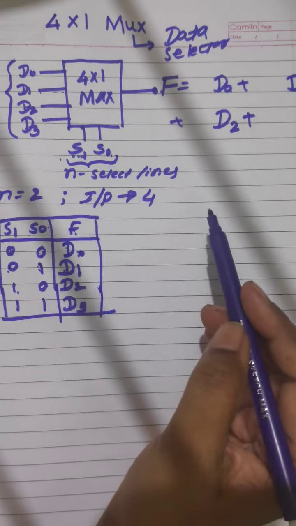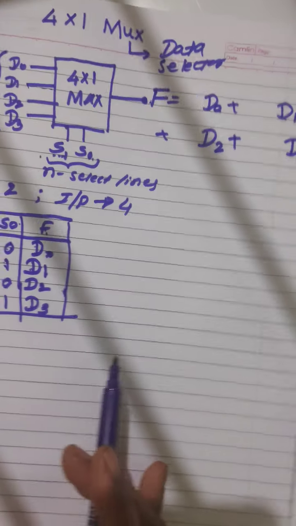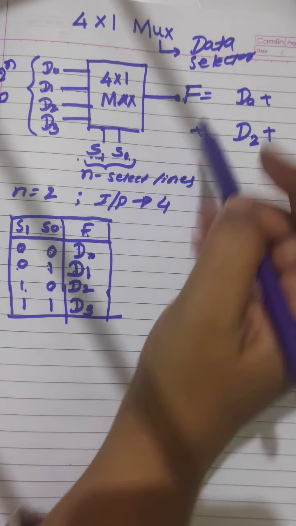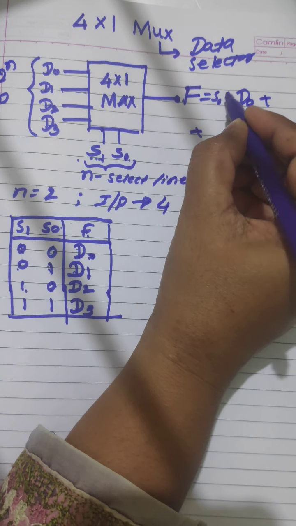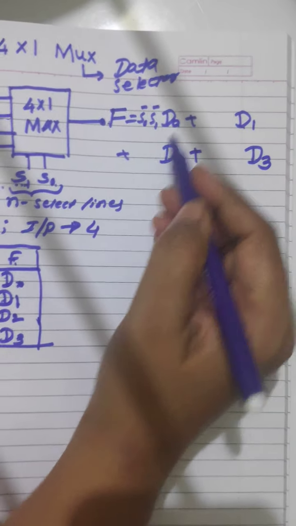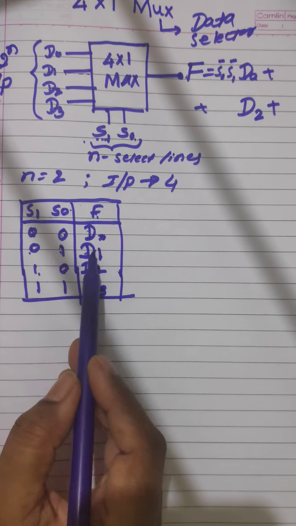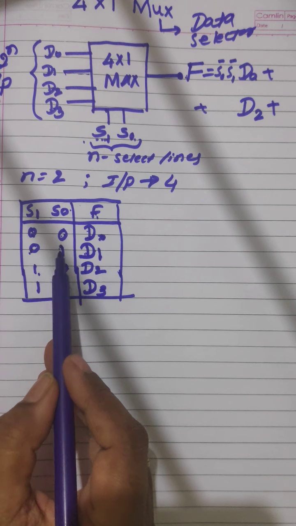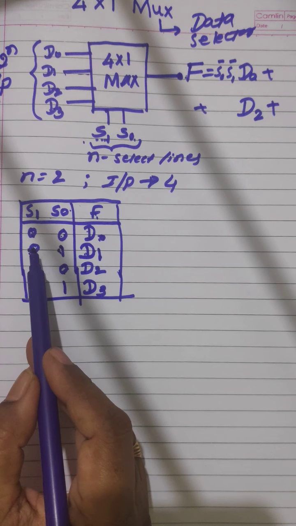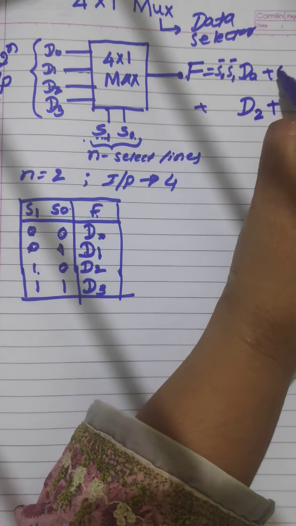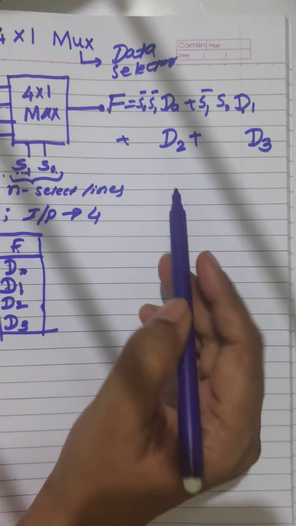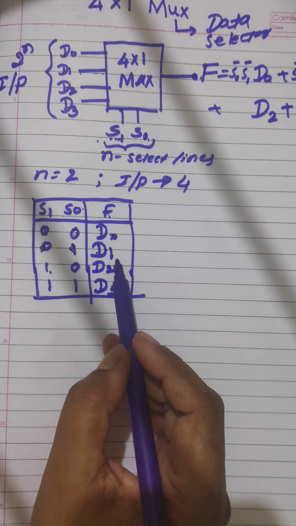So we are going to have D0 when S0 and S1 are both 0, 0, which means both are bars. When we will be having D1, S1 is 0, which means S1 bar, and S0 is 1, so S1 bar, S0, D1 will be appearing at the output. When will D2 come?